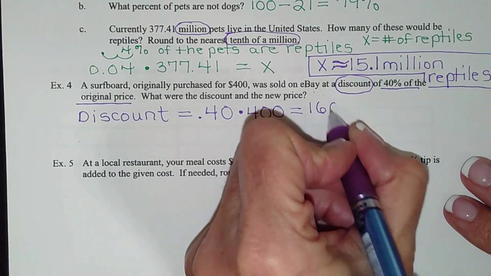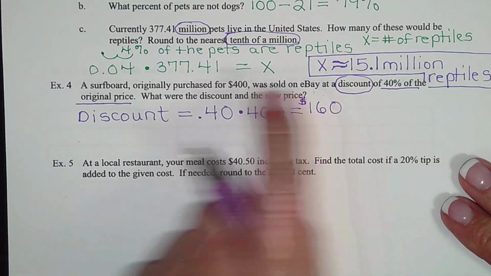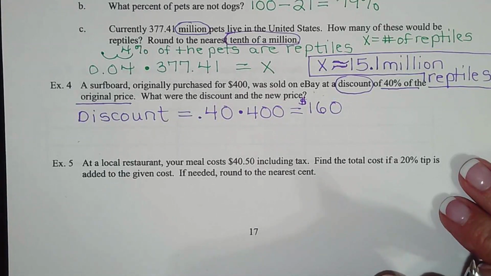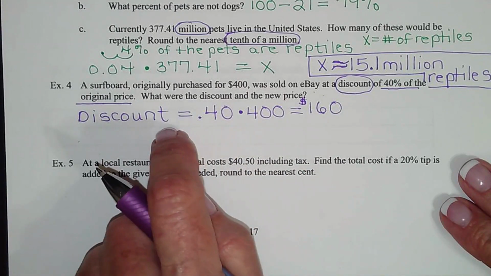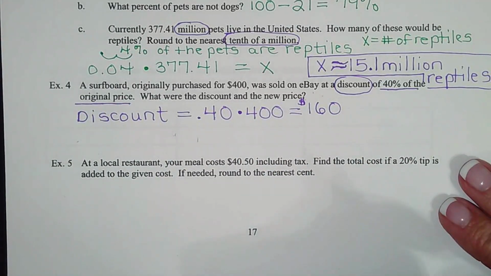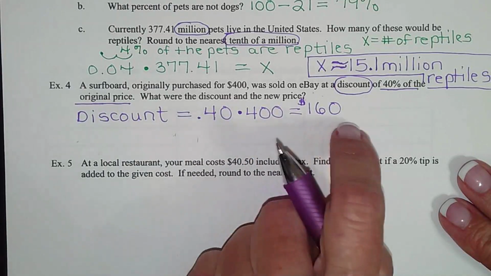And it's important that you label it as the discount, like it says in the wording, because they ask you for two answers here, and you got to know which one's which. So the person who bought the surfboard saved $160 off the original price. So discount, 40% of 400.